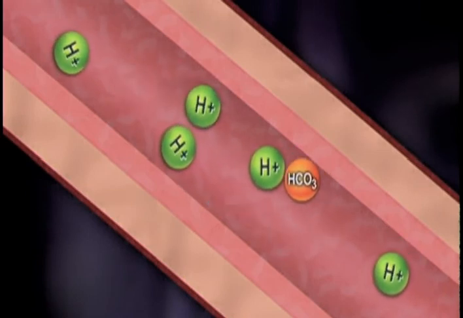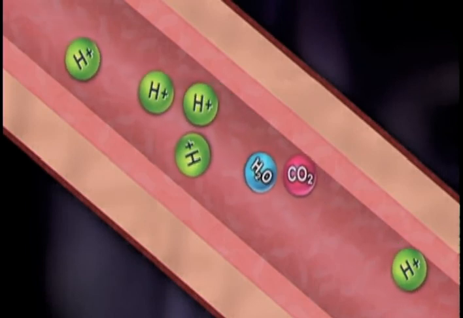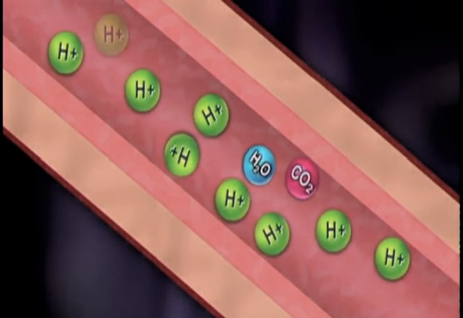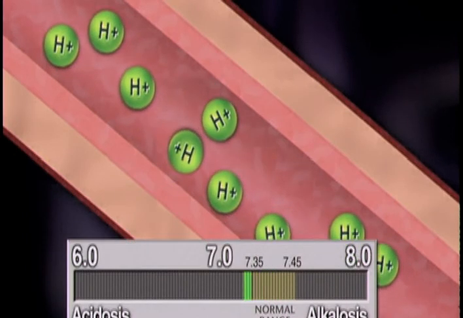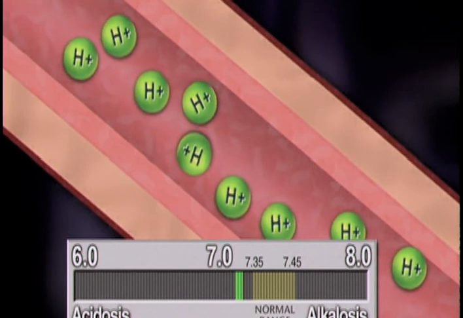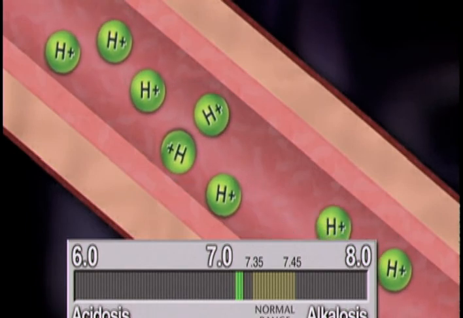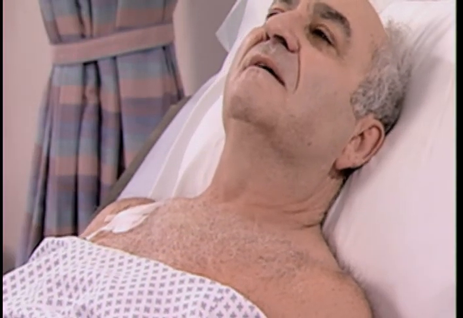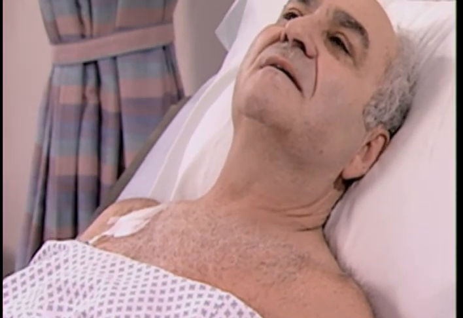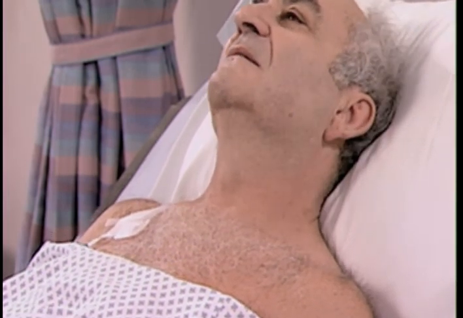Eventually, the bicarbonate supply is exhausted, and the damaged tubules prevent the formation of new bicarbonate. This results in hydrogen ion buildup and acidosis. To raise the pH, the body must remove more acid. So it tries to exhale extra carbon dioxide, which is a weak acid, and this produces the characteristic Kussmaul's respirations.